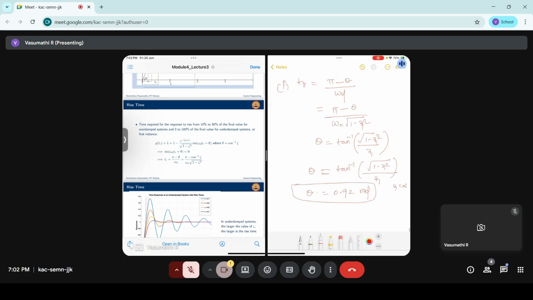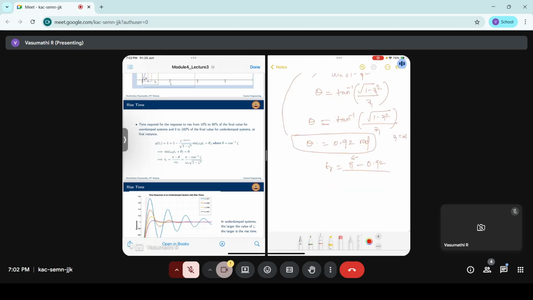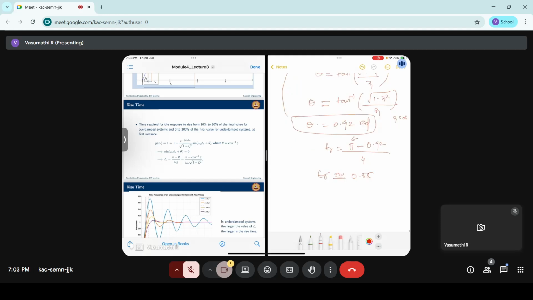So once you get the theta, just plug it in here and you will find the rise time. Pi minus theta, pi will also be in radians. When you put it in the calculator, consider both as radians or consider both as degrees, so it should be consistent. That is the point behind it. Divided by 4, this will give you some value, around 0.5. Just cross check with this, okay? I haven't calculated right now. It was pre-calculated.